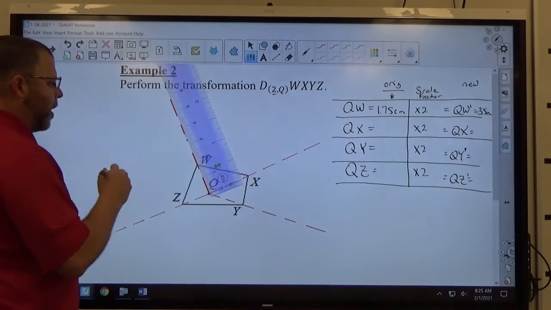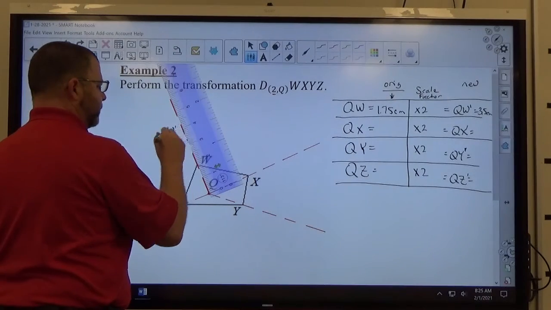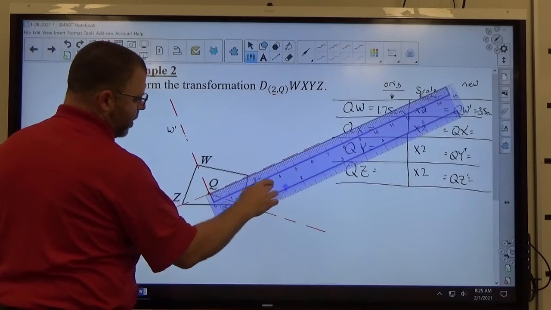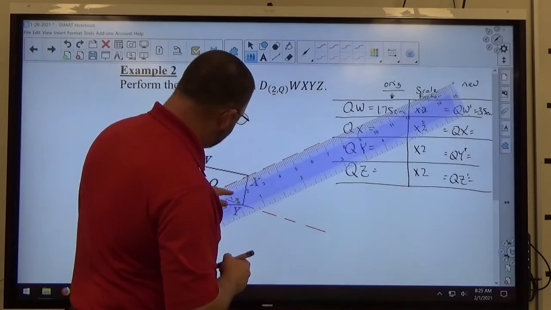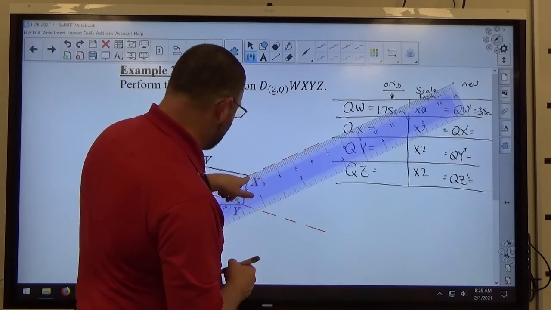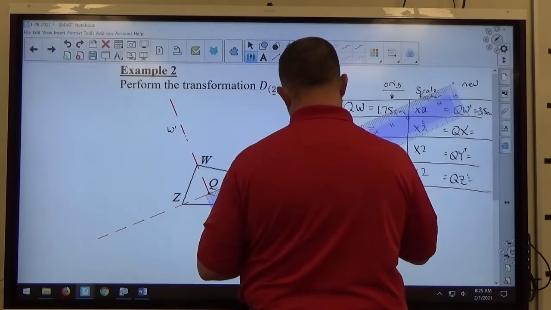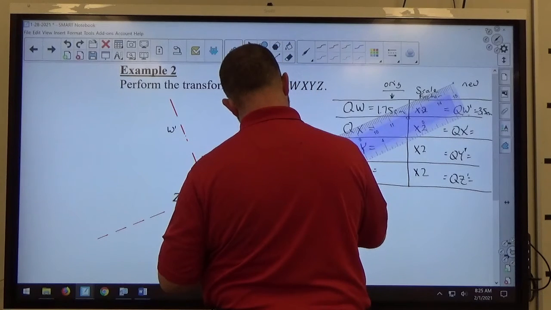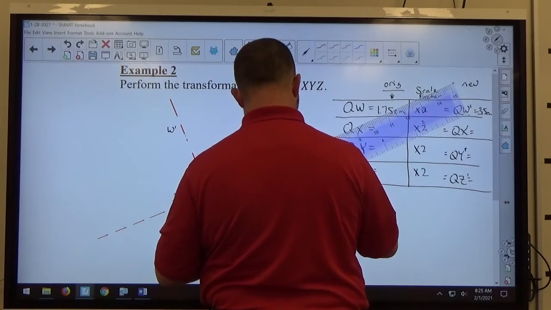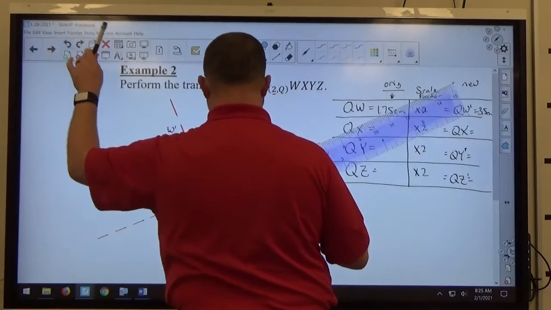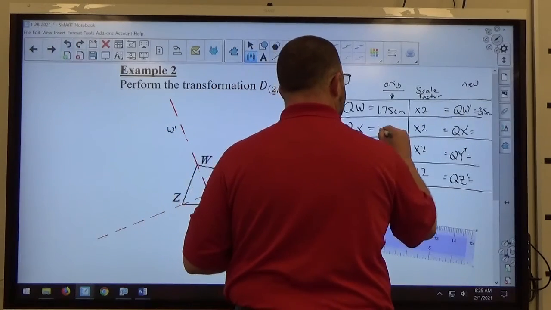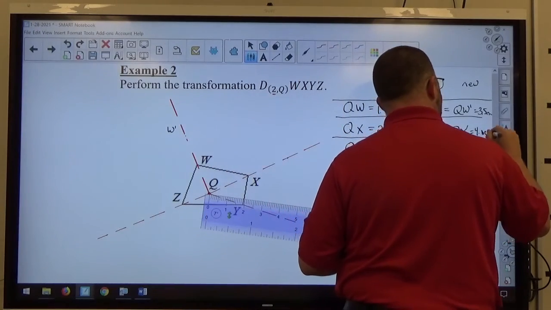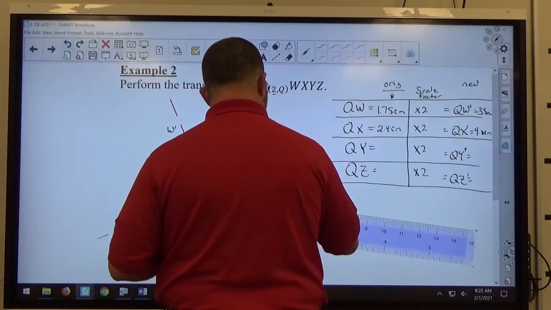That's where my W prime is going to go. Come around here to QX. And I can see the QX is right at 2.4 centimeters. So QX prime is going to be at 4.8 centimeters. So there's my X prime there.